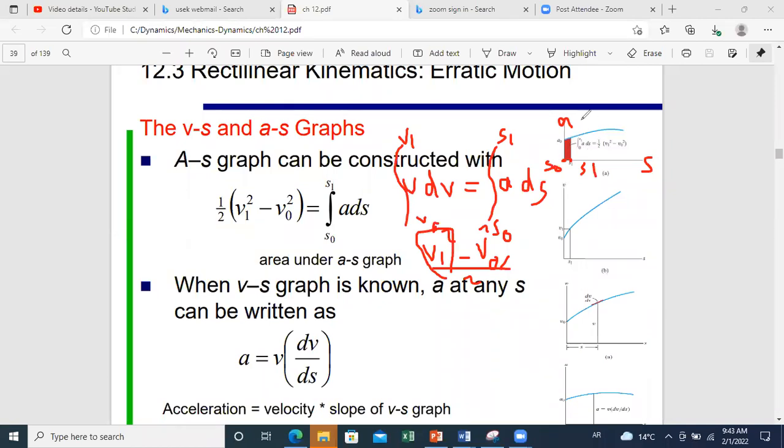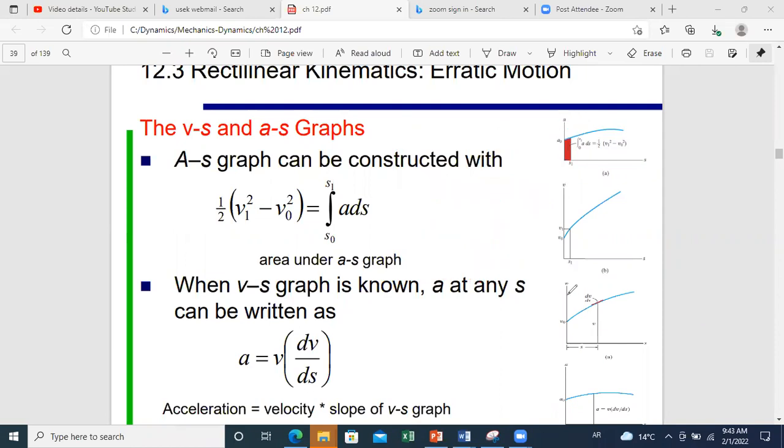Okay. Now, we can do it in another way sometimes. If they give me V as a function of S, and I want to deduce A as a function of S, what should I do? I go back to the definition. If I have V as a function of S, I want to relate A to V and S. So I go again to the differential equation AdS equals VdV.